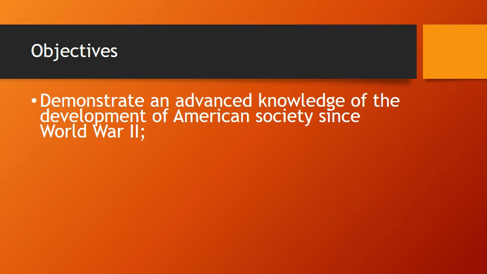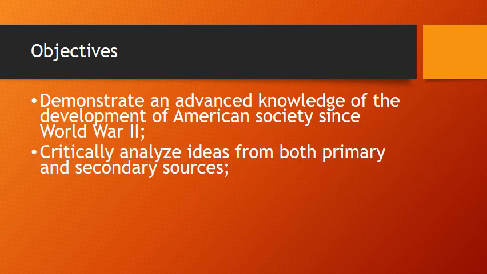The second aspect of your paper is that we want you to critically analyze ideas from both primary and secondary sources. So that should give you a clue that your paper needs to include both primary sources, which are original historical documents that date from the time period that you are studying, and secondary sources, which are scholarly books or journal articles that were written by historians after the fact about your topic.